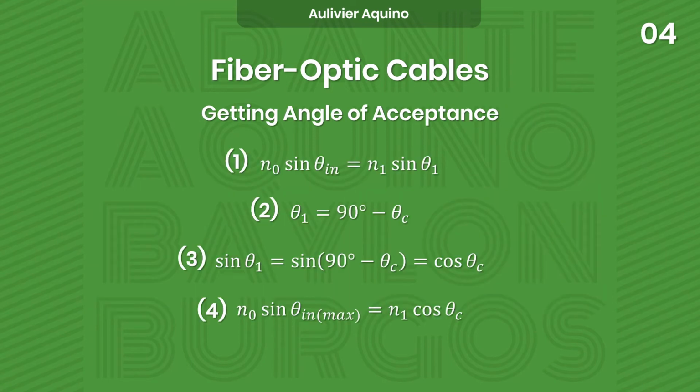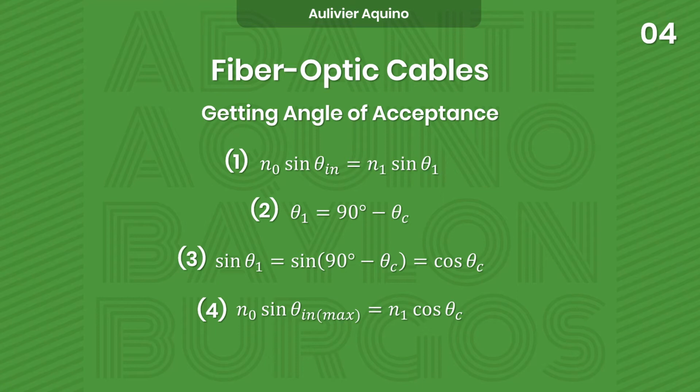Let us try to derive the angle of acceptance. Equation 1 is simply Snell's law as the light gets refracted upon entering from the external medium to the core. n0 is the index of refraction of the external medium, and n1 is the index of refraction of the core material. Equation 2 is taken from the fact that theta 1 and theta c are complementary as I have mentioned before.